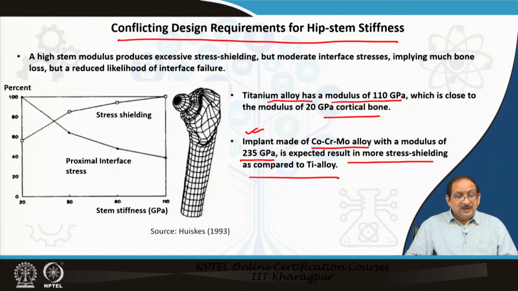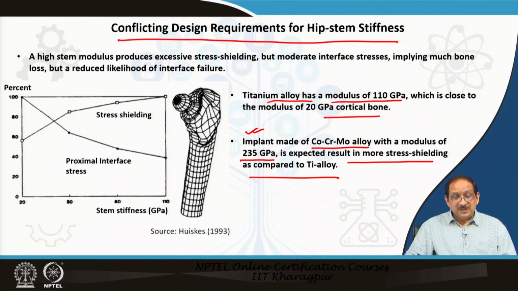Now, if a stem is stiff, it transfers more load distally and less proximally, and it takes a larger share of load away from the proximal femur. If it is a flexible stem, the opposite occurs.